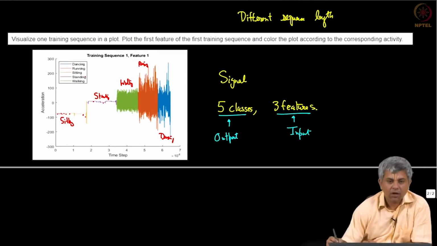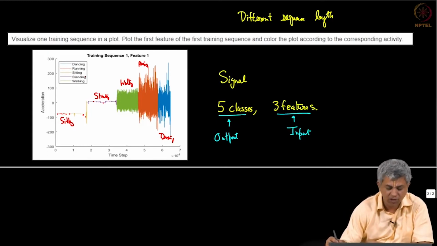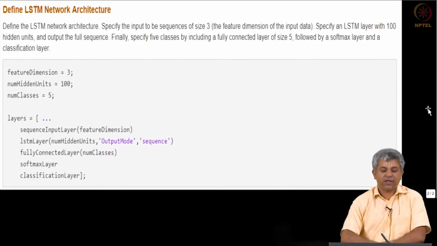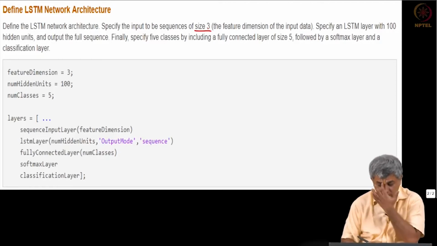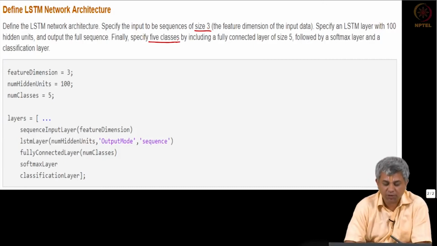Let us now use this to create an RNN architecture, or within RNNs we are basically creating an LSTM architecture. Okay. So, we will create that, and I will explain how this gels with what I showed you in the last video, and hopefully things will be much clearer at that point. Okay. So, as I said just before, our input sequence has 3 features and it has 5 classes as output.